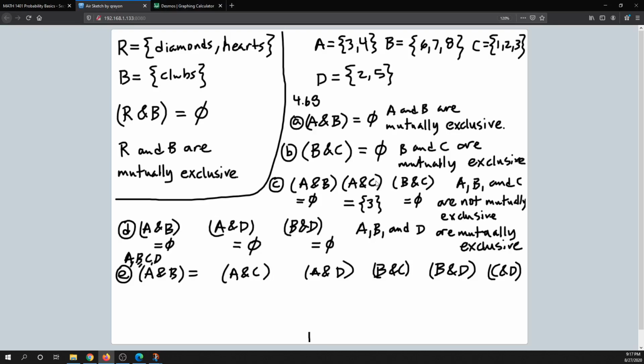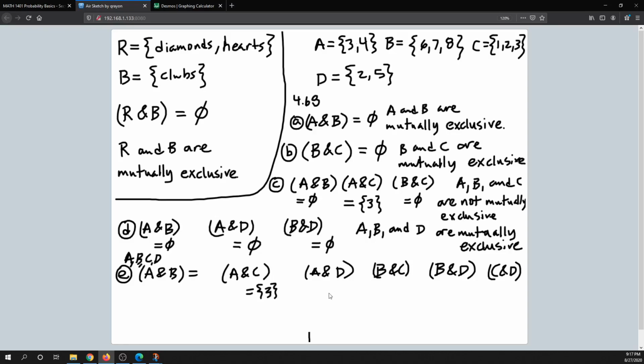Because we already know that A and C can happen at the same time. Let's see, where's A and C? Over here. We already know that A and C, the "and" of that is the event containing 3, and that's it.